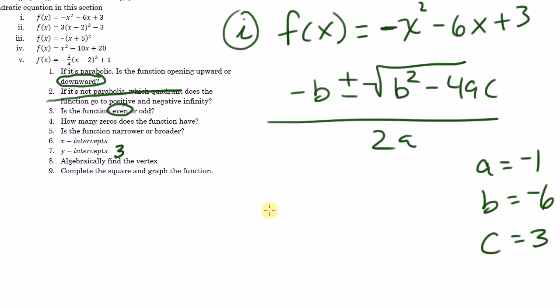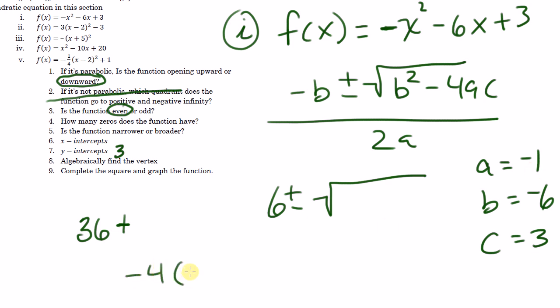The opposite of b is 6, plus or minus the square root of b squared, which is 36. And we're going to subtract 4 times a, or we just do -4 times a, so we'll just change that to a plus. So we have 4 times 1, or times -1, times c, which is 3.